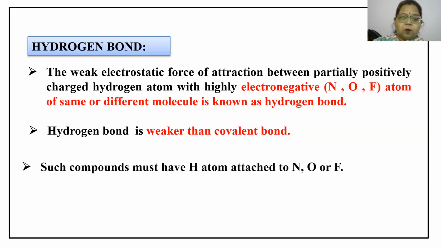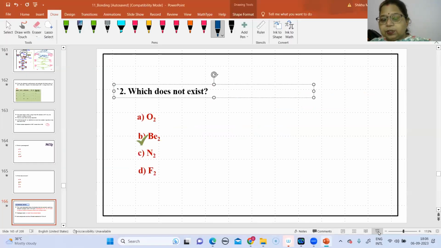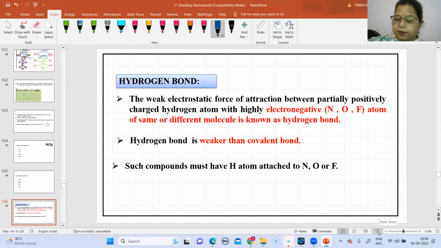Now, such compounds must have hydrogen attached to nitrogen, oxygen, or fluorine. I'll give you an example because this point is very important when we talk about solubility or hydrogen bond in aldehydes and ketones. These names might look alien to you, but we'll take them up in the next chapter itself.